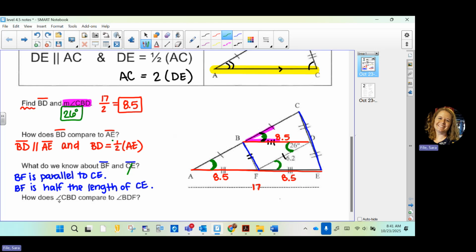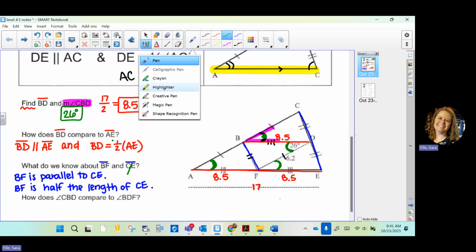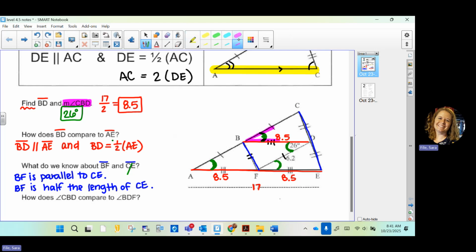And then this question down here asks, how does CBD compare to BDF? So B to D to F. If I trace B to D to F, that's this original 26 angle. So how do they compare?